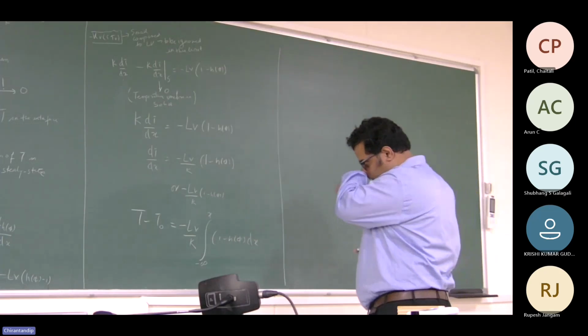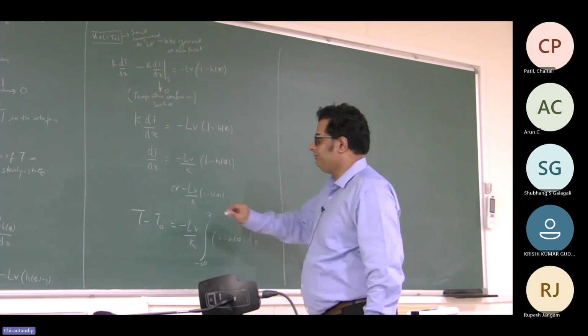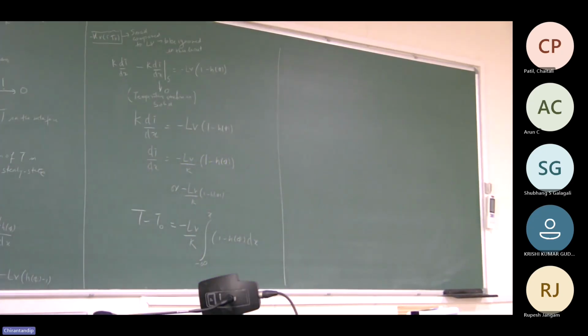Okay, so what we have over here is that we have a dt by dx, and we go back to our steady state equation.